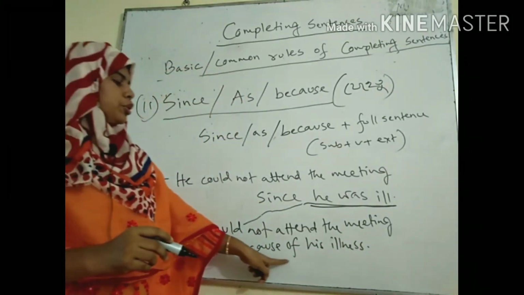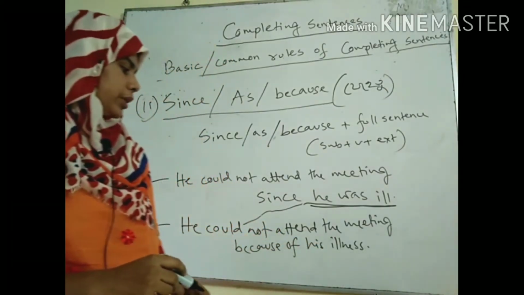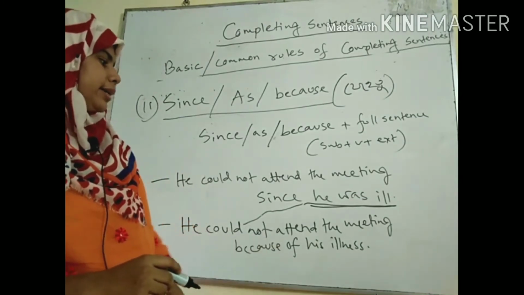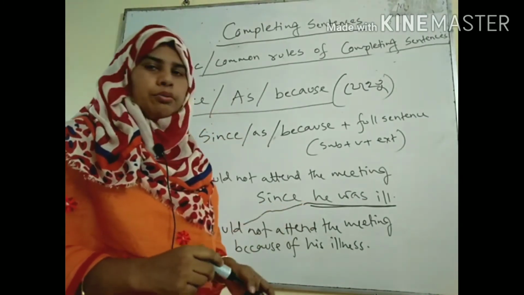So if we use because of, we have to use noun phrase, because of his illness, but if we use since, as or because, we have to use full sentence.